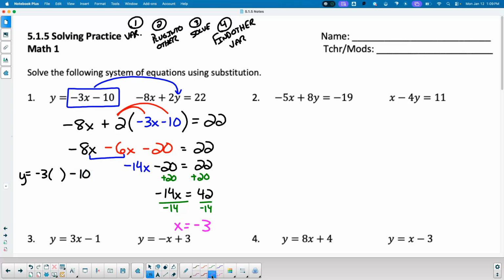But instead of x, I'm going to put negative 3. Negative 3 times negative 3 is positive 9. Positive 9 minus 10 is negative 1.